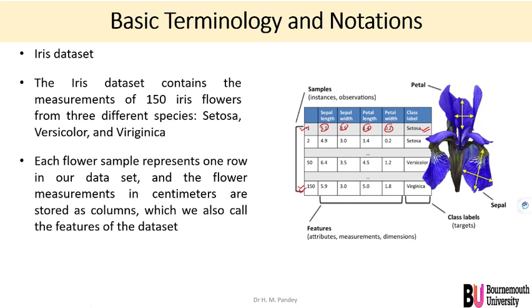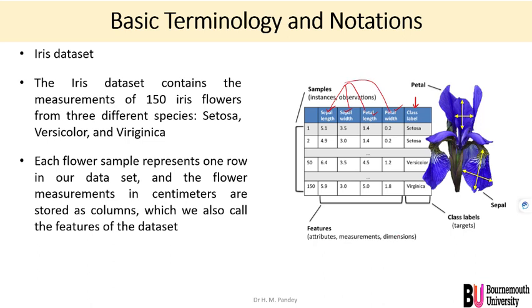Here we are going to apply the supervised learning technique, and one of the necessary criteria for selecting the supervised learning technique is that the data should consist of a label. You can see here the label column is given at the end of this table. Here sepal length is given, sepal width is given, petal length is given, petal width is given. These are called features. How many features are there? 4 features.